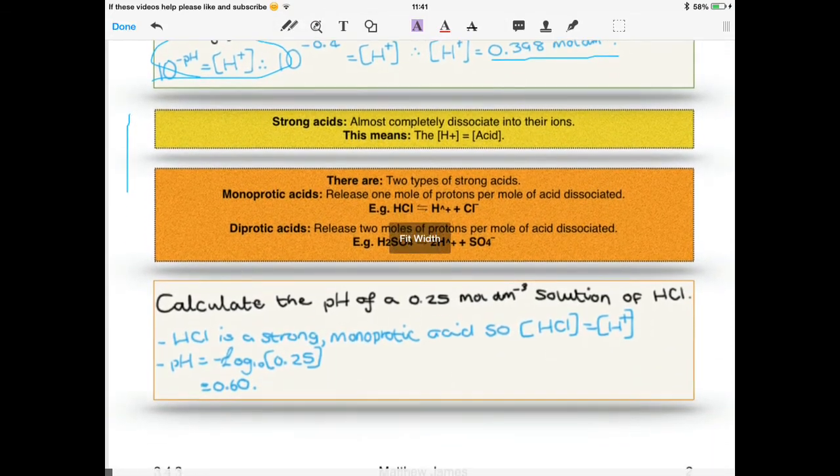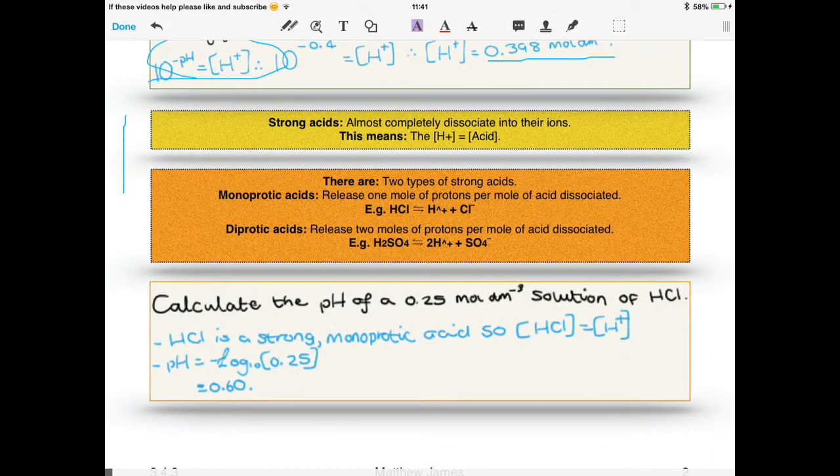So moving on, we need to know about strong acids again, and this is just recapping from my last video. Strong acids almost completely dissociate into their ions. What this means in terms of pH calculations is that the concentration of hydrogen ions is exactly proportional to the concentration of the initial acid. There are two types of strong acid we need to know about.